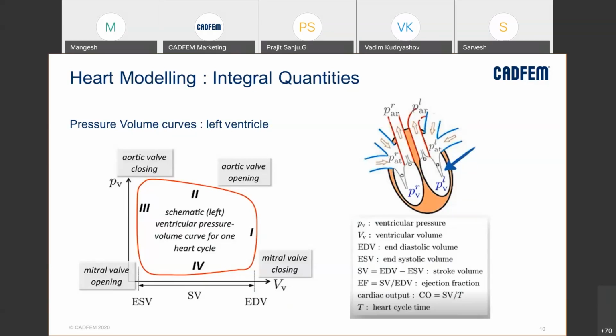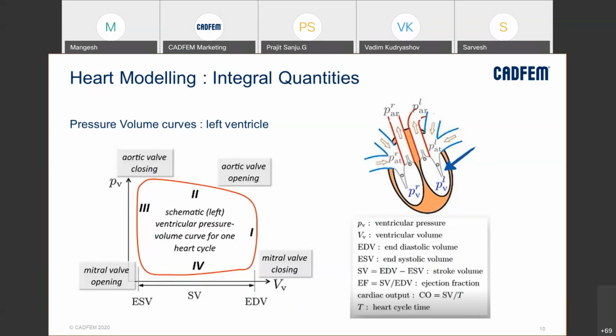So looking at this data about the pressure and the volume, they can decide whether the heart is healthy, or performing normally, or has an abnormal behavior. So this kind of data is something we can extract.